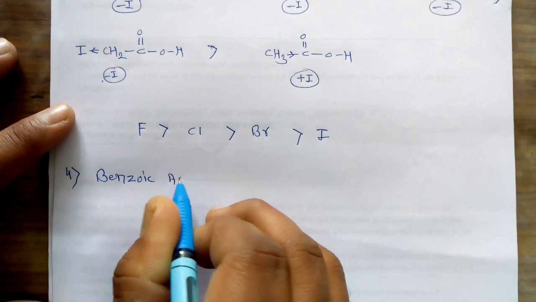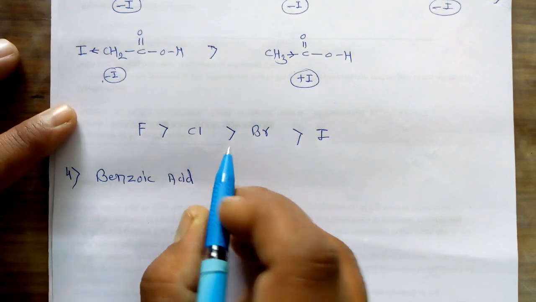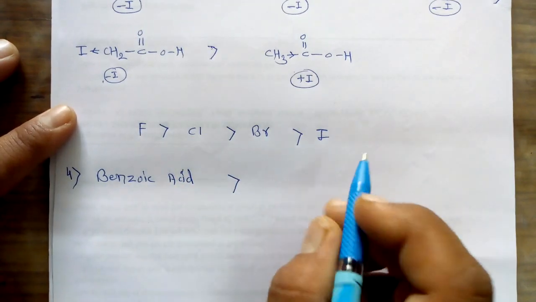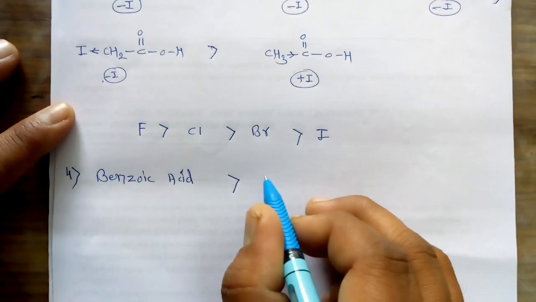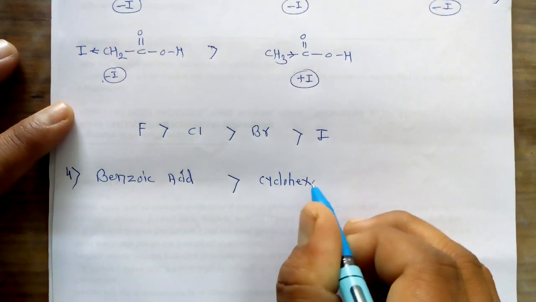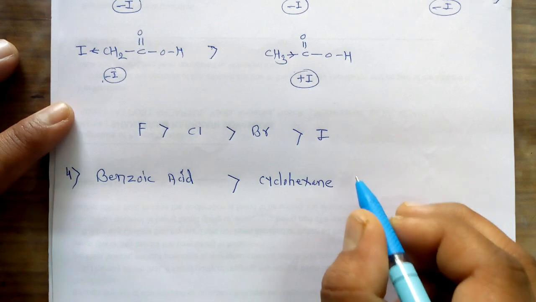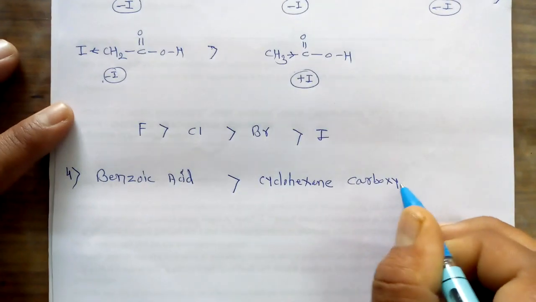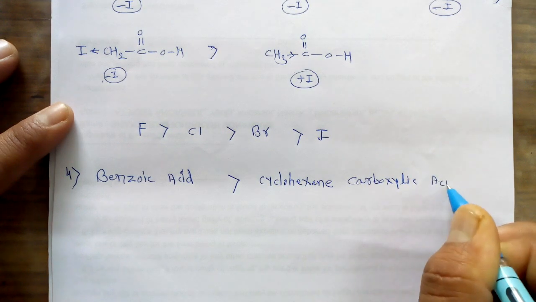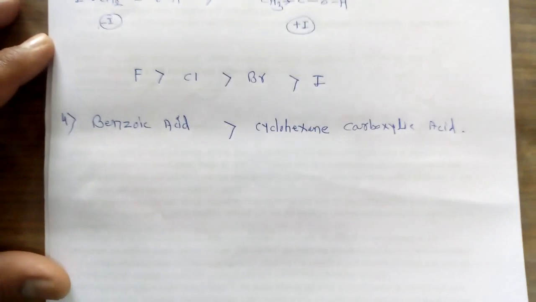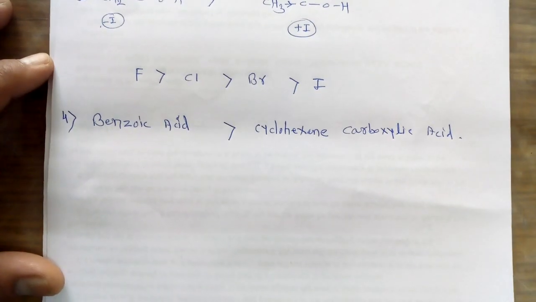Benzoic acid is a stronger acid than cyclohexane carboxylic acid. It is more acidic than cyclohexane carboxylic acid. So this is example number 4. Now first of all we have to draw the structure for both these acids.